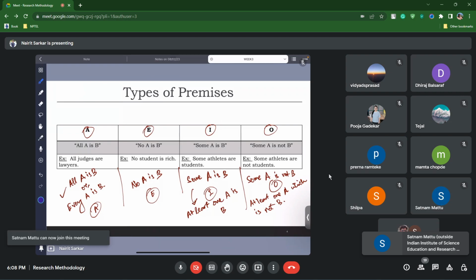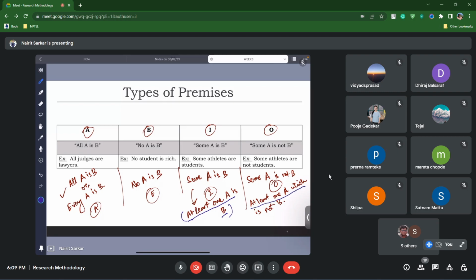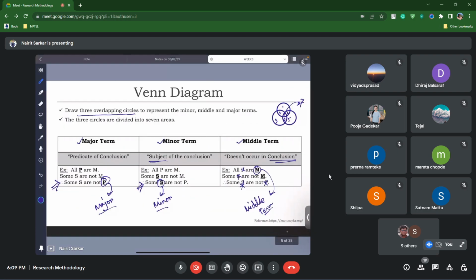It is the important part. At least one A is B, this statement is important, and at least one A which is not B, here in I and O. I'll wait another couple of minutes. If you have any confusion regarding AEIO and major, minor, and middle term, I will take questions.